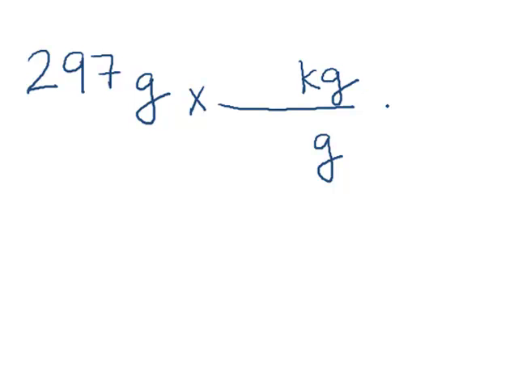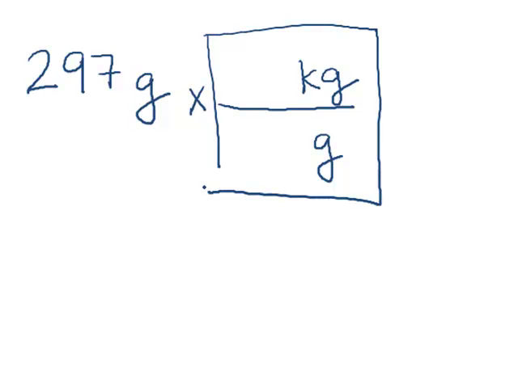Now, to fill in the conversion factor, here's where the metric system matters. I have to know how many kilograms in a gram or how many grams in a kilogram. And there are, I can think of at least 6 different ways to write this that are correct, and I'm sure there's more. The way that I think of it right away is the fact that there are 1,000 or 10 to the third grams in a kilogram.